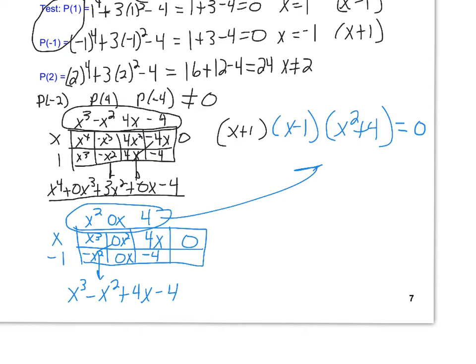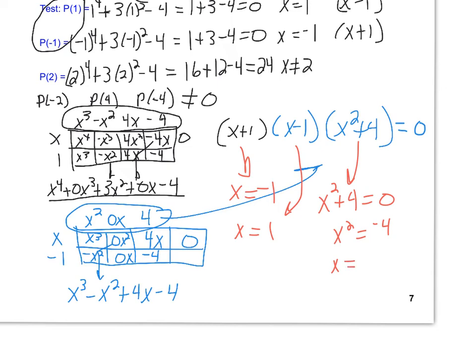Well, we already know two of the roots. Let me change color here. X equaling a negative 1, x equaling 1, and then the last one is going to be where x squared plus 4 equals 0, which is x squared. Now solve for x. So x squared equals a negative 4.